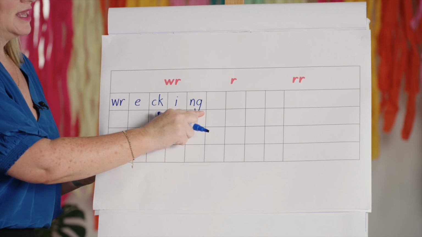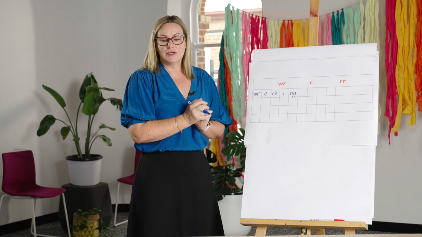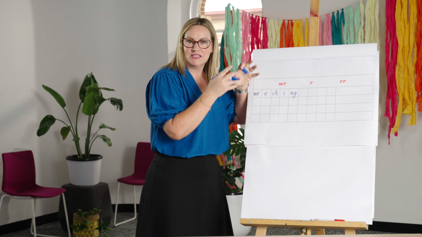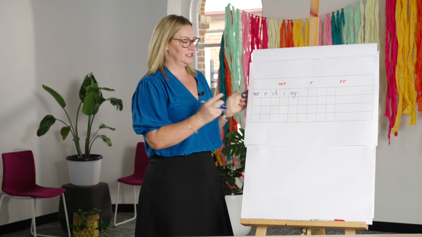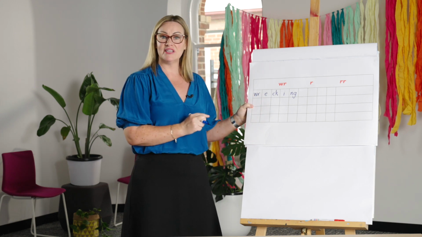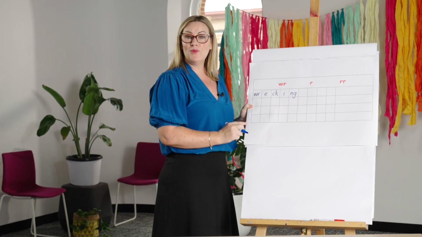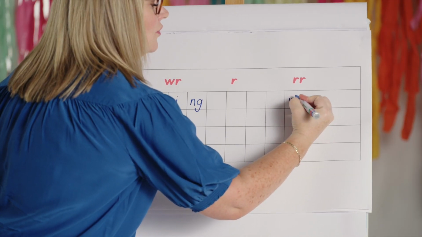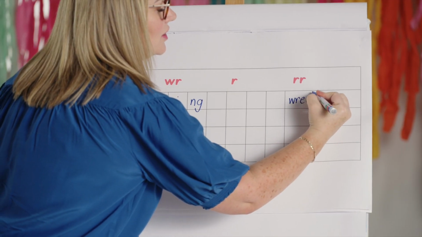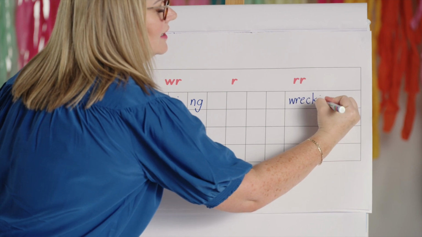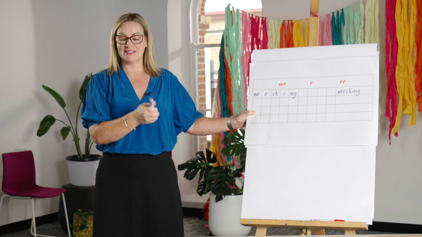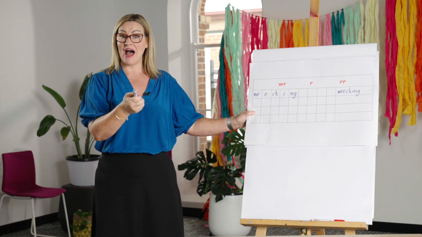Wrecking. So if I was wrecking this piece of paper, I would twist and bend and turn it all up and distort it. So I've used the WR. Write the whole word. Say with me as we go. Wrecking. Wrecking.